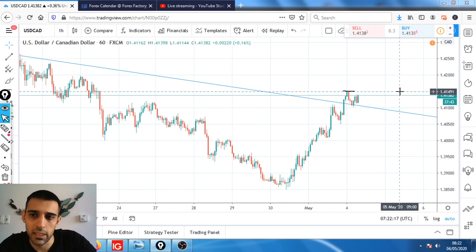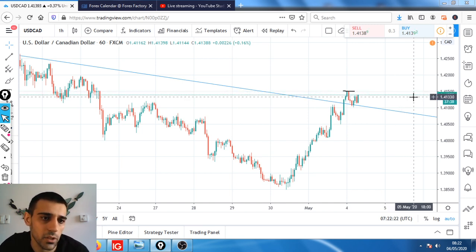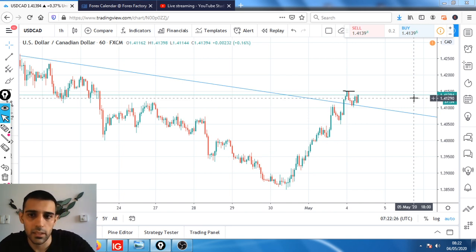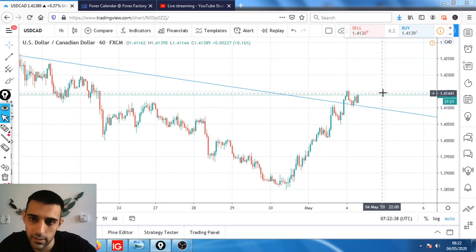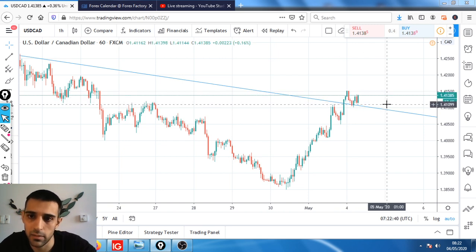In this particular case, if the price goes up to 141.50 and retraces, I do see two potential entries in here. The first one's going to be this 141.30 down to this zone in here. However, price can come down to these lows at 141.05.